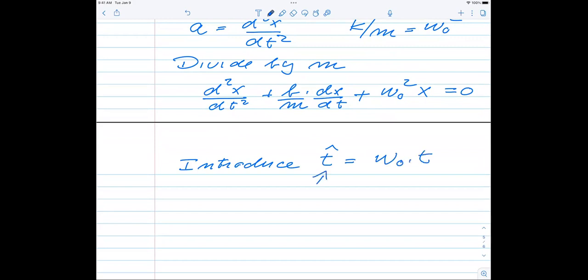So this is a dimensionless quantity because omega 0 has dimension inverse time, times time just gives me something which is dimensionless. And what I could do now is simply to go back to my differential equation, and everywhere where t appears, I would simply replace it with this t hat divided by omega 0.